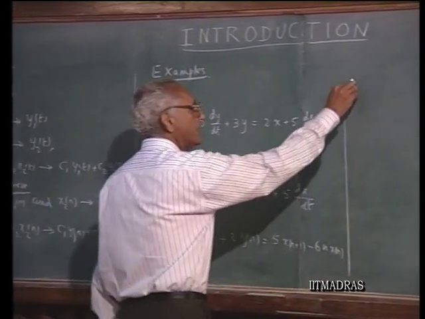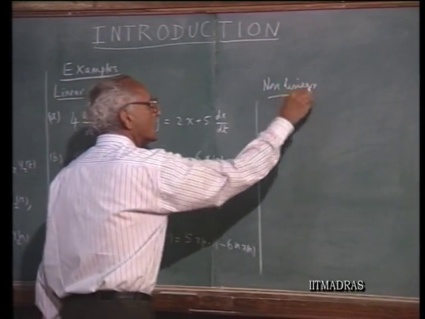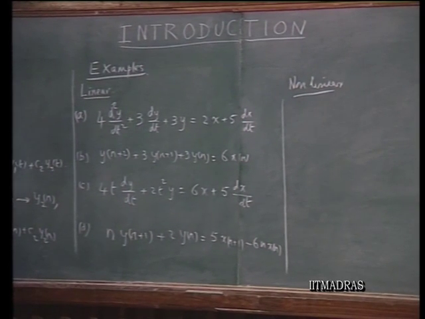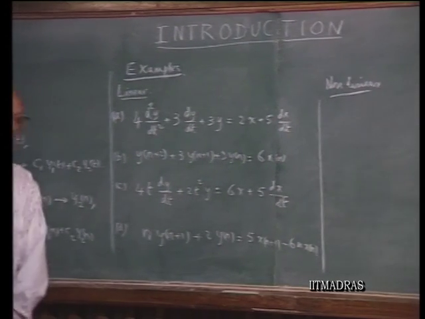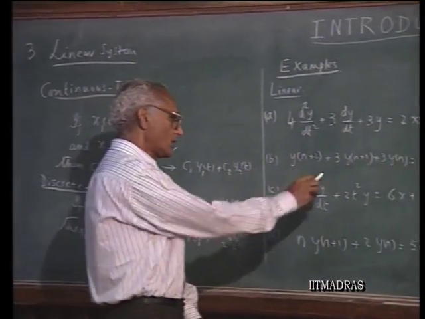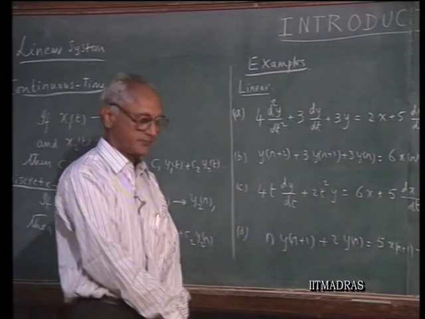Suppose I take a nonlinear system, then the coefficients are not necessarily constants or functions of the independent variable. The characteristic of the differential equation corresponding to a nonlinear system is that the coefficients are functions of the dependent variable y.